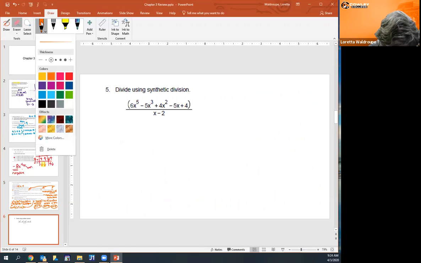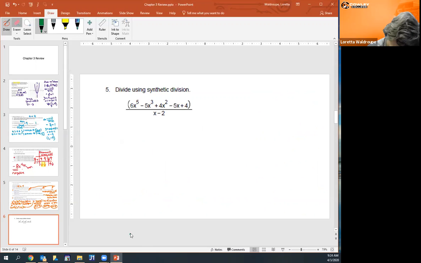Okay, long division and synthetic division. So when you're using synthetic division, you look at your denominator. If x minus 2 would equal 0, x would equal 2. So you're going to use a 2.